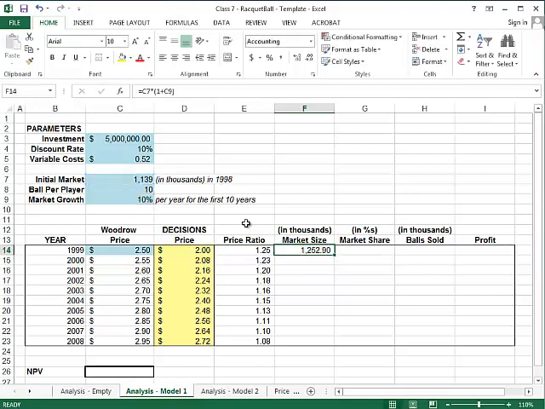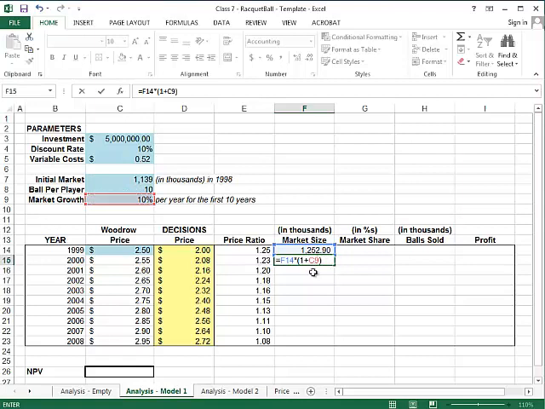So that's your market size in thousands in 1999, and every year after that your market size is going to be the previous year's market size times 1 plus your market growth.